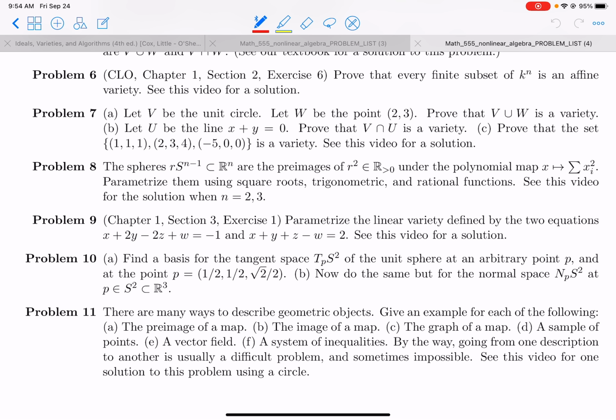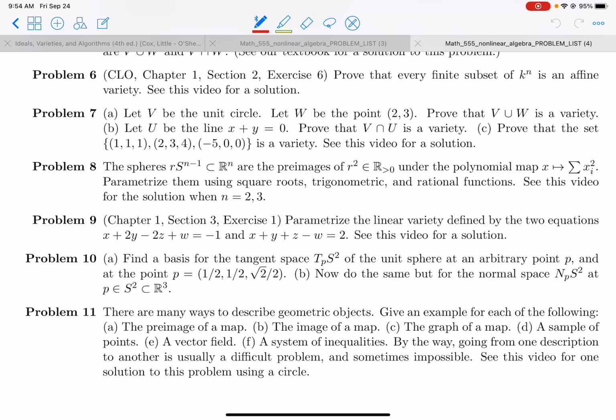Then this question is just getting you used to the idea of maps, because everything in algebraic geometry is either a parametrization map, like section 3, or a vanishing set map, like the entire rest of the book.